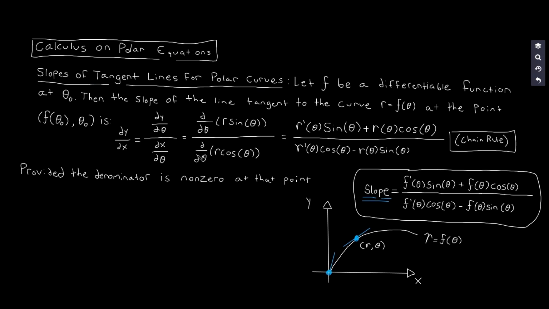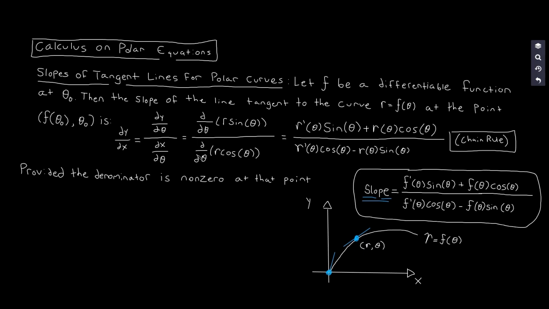Let's talk about the calculus on polar equations: the slopes of tangent lines for polar curves. If we let f be a differentiable function at theta sub 0, then the slope of the line tangent to the curve r equals f of theta at the point f of theta sub 0 and theta sub 0 is going to be dy over dx, the derivative of y with respect to x.